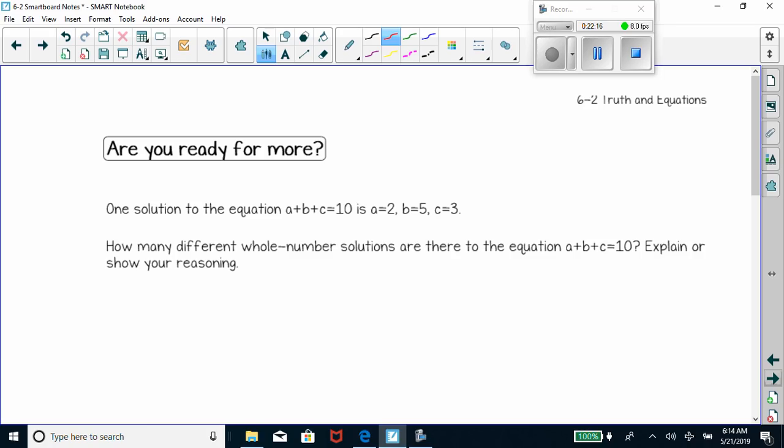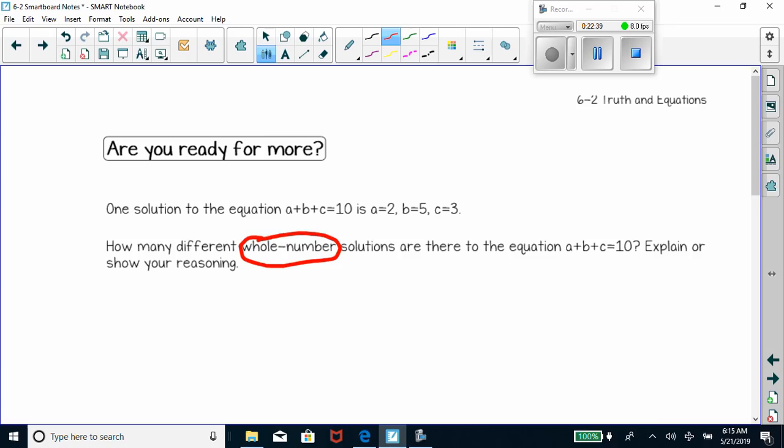Well, there's not an infinite number of solutions, because they do put a restriction on here that the solutions have to be whole numbers. So we wouldn't be able to use fractions, decimals, or negative numbers. If that was the case, you could come up with an infinite number of solutions.